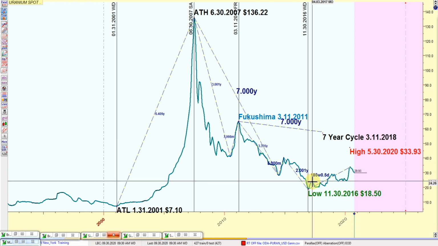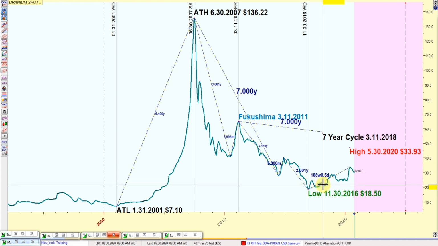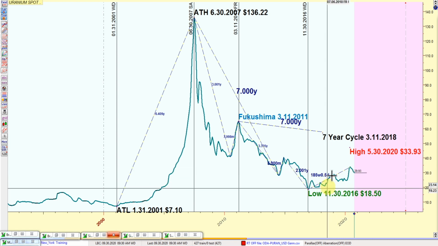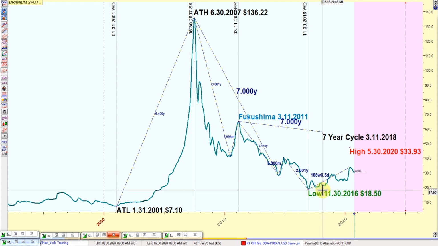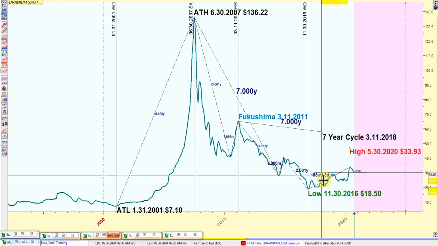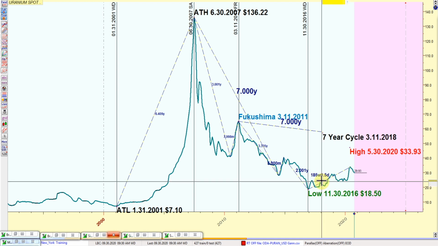We went up, kind of went sideways, a little bit up. And then right around here we kind of dipped lower. And then we had a thrust, a momentum to the upside within the 7-year cycle. So you see, this is exactly 7 years, but I was forecasting that something was cooking here.